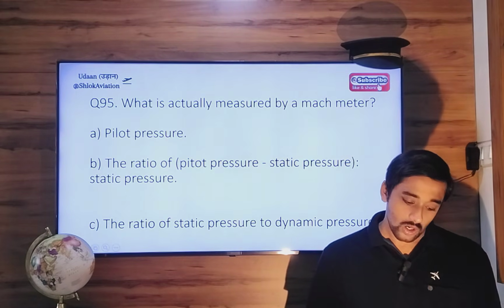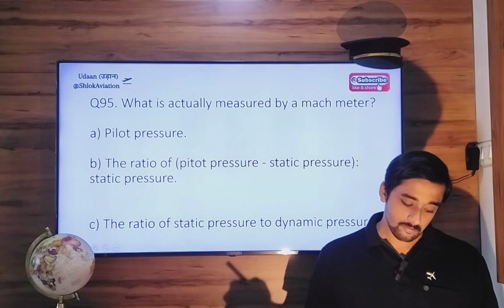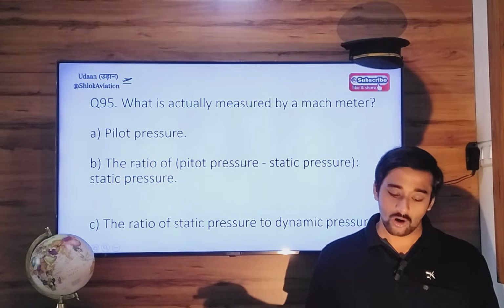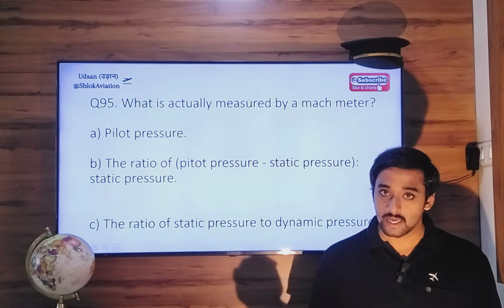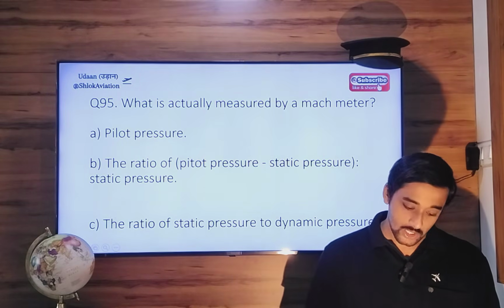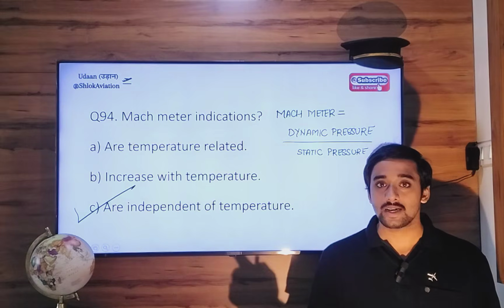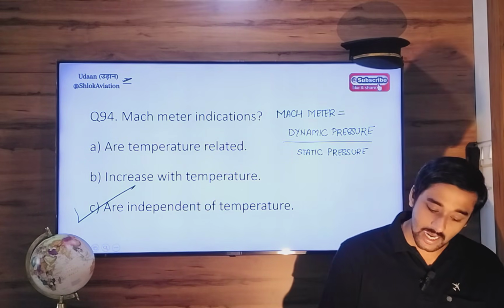Next, what is actually measured by a Mach meter? The ratio of pitot pressure minus static pressure divided by static pressure. Just now I mentioned Mach meter is nothing but dynamic pressure divided by static pressure. Now what is dynamic pressure?